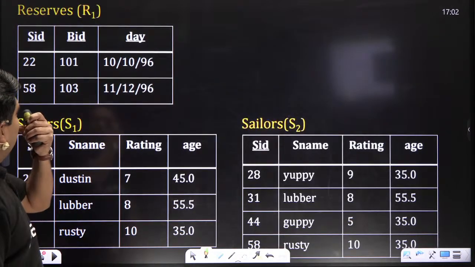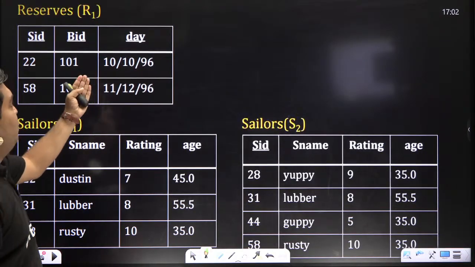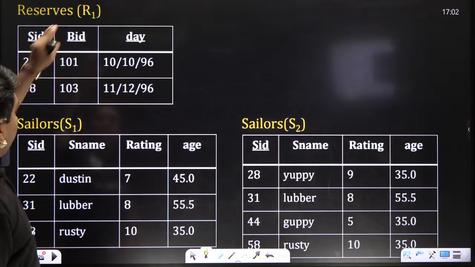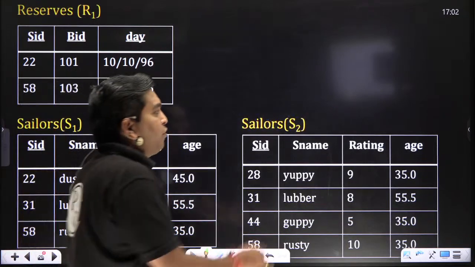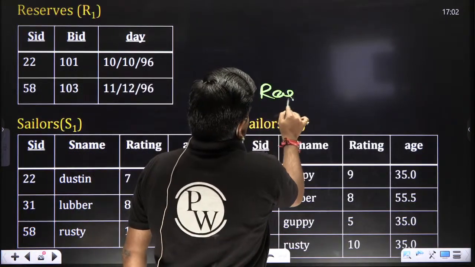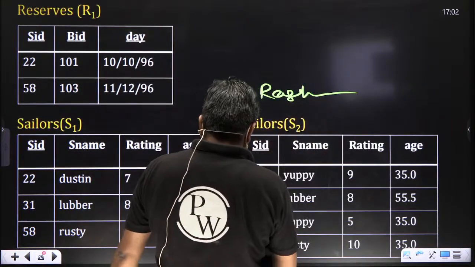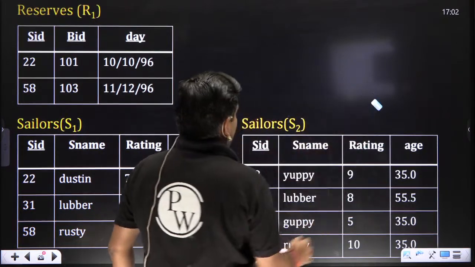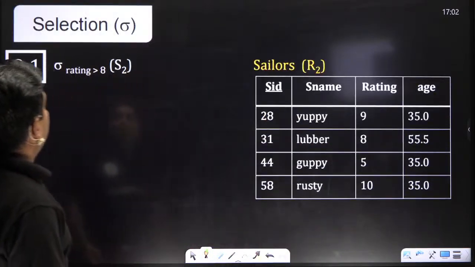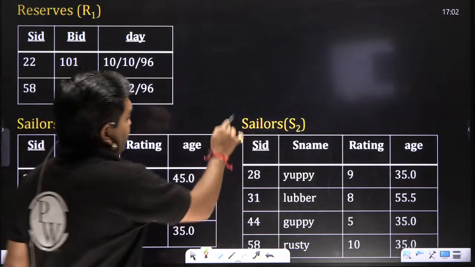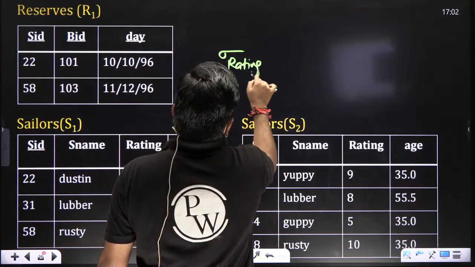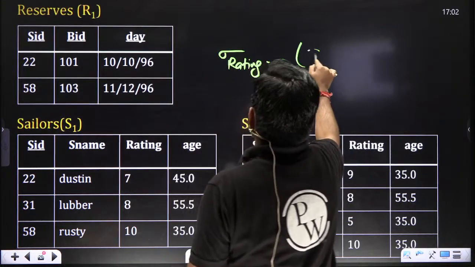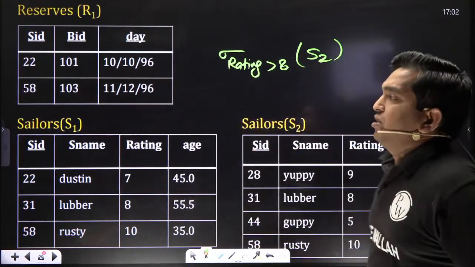Again, next we have three tables: Reserves R1, Sailors S1 and Sailors S2. This is the example from Raghu Ramakrishnan. Now here I want sigma rating greater than 8 from seller table S2.